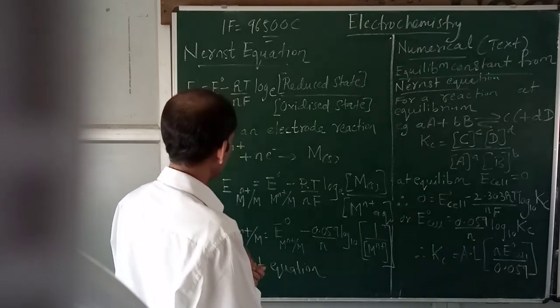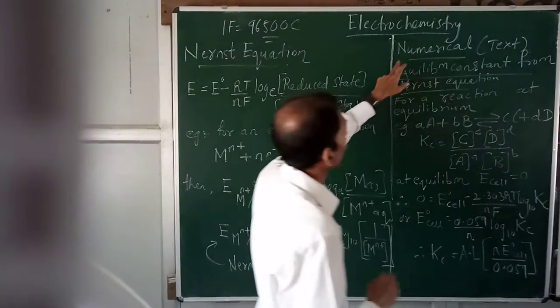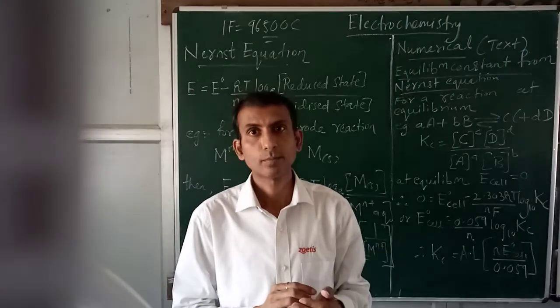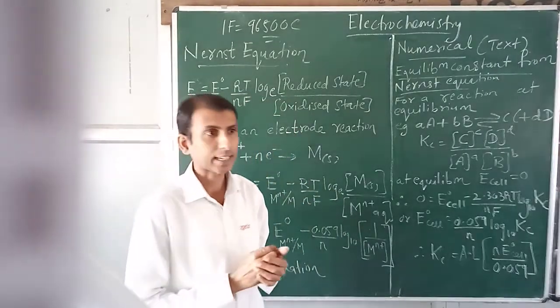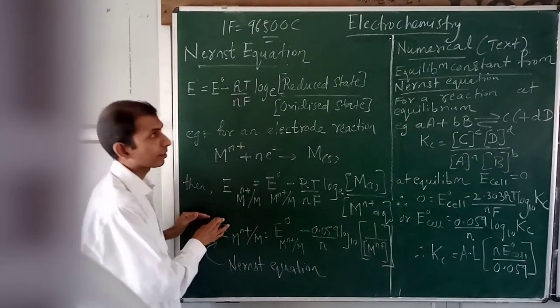If this is the simplified form of the Nernst equation, then one numerical I have already sent in my notes. It is a small numerical from the text which will easily explain this equation.